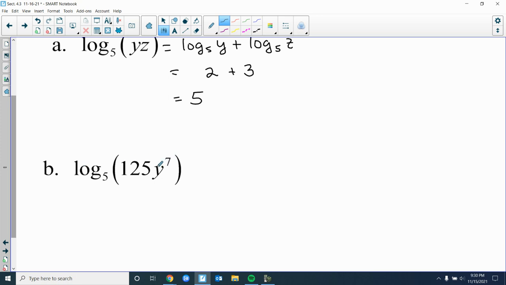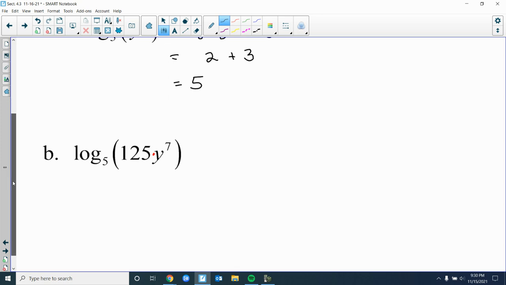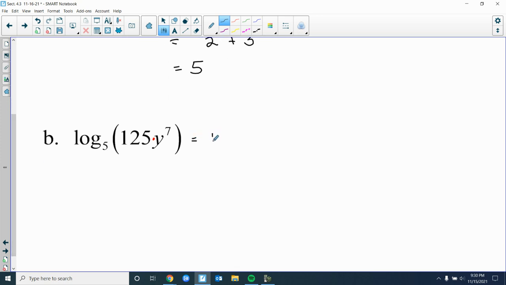Okay, so you have to go piece by piece. This is going to be a product of two things. The first one's 125, the second one's y to the 7th. Since it's a product, it can be split apart into the log base 5 of 125 plus the log base 5 of y to the 7th.